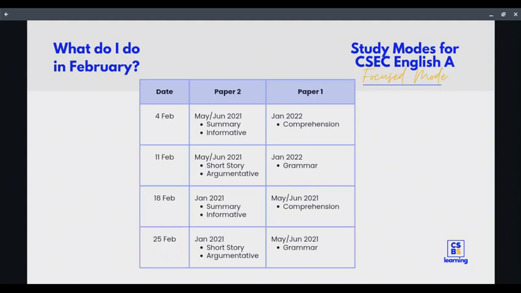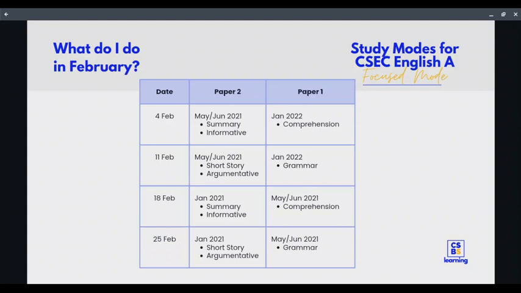Like I said, very focused. You're focusing on summary and informative in one week, and you're focusing on comprehension that same week. I like how I paired it like this because for summary and informative, you need comprehension skills and analytical skills. That's what supports your ability to perform in those two questions. That's why it's created like this as well.